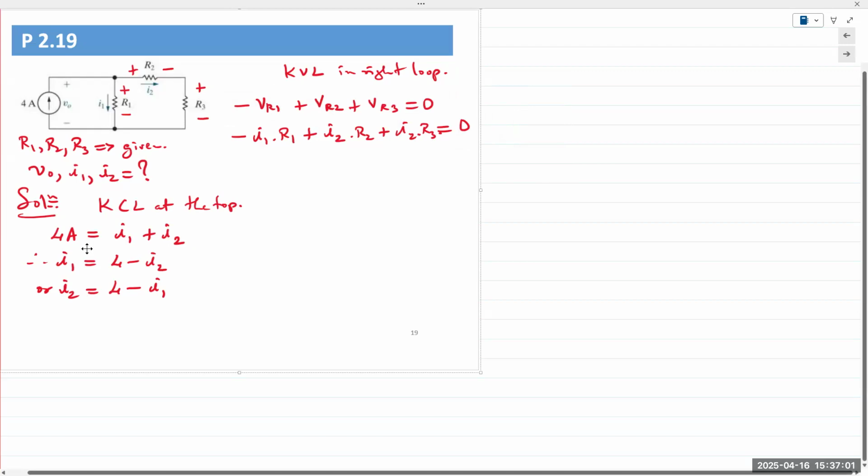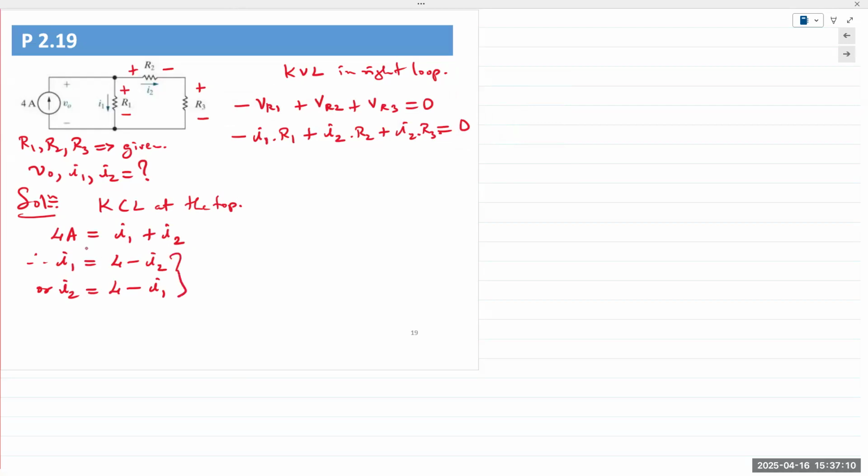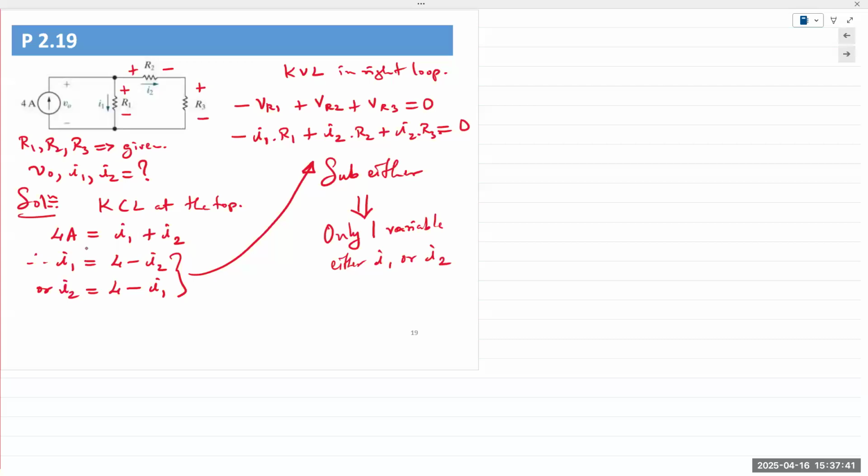Now you can substitute. You have I1 and I2. Substitute either equation in that KVL expression, and you'll be left with only one variable, either I1 or I2. Make sense? So once you substitute, only one variable will be left, either I1 or I2.